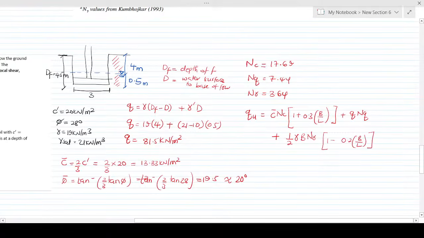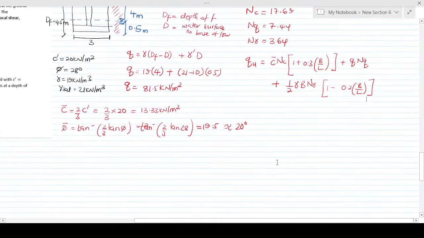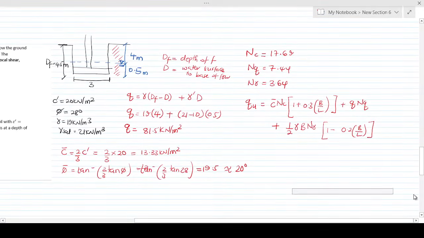L, right? So this is what I have. So I just put every parameter I have in.